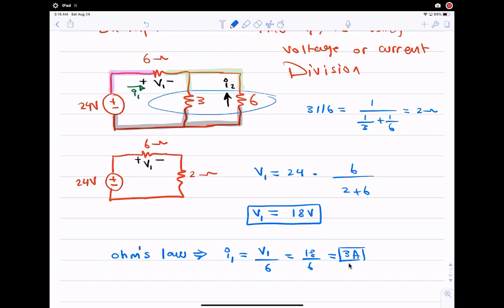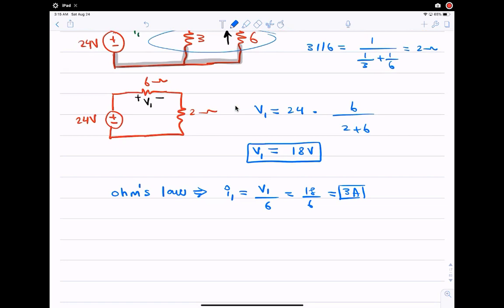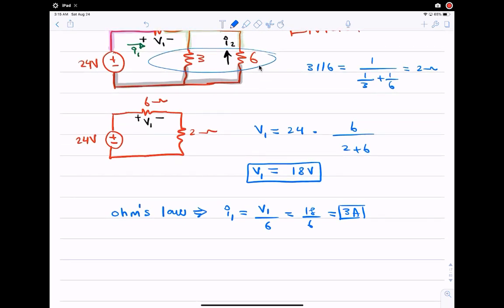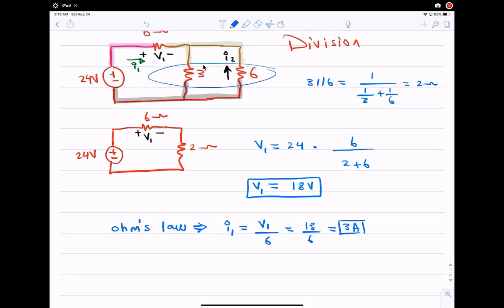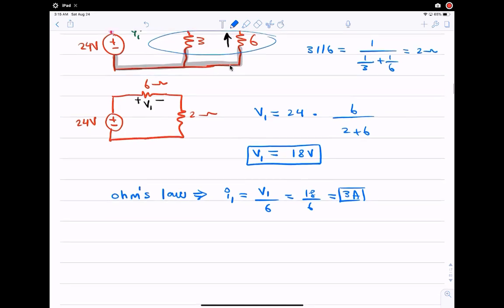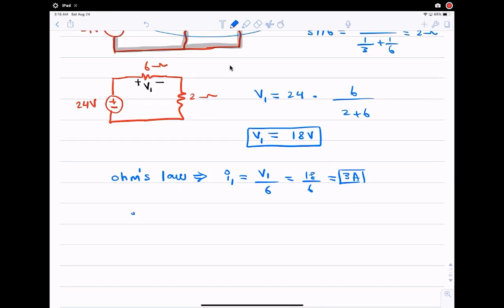Now, since we found I1, which is 3 amperes, when it enters this node, it would split, but not in half, it would split according to the current division law. If I want to find the current in the 6 ohm, let's first examine the direction of this current. I1 would enter this node, go down and then go to the right and also down. So this current has the opposite direction. That means I2 must be negative.